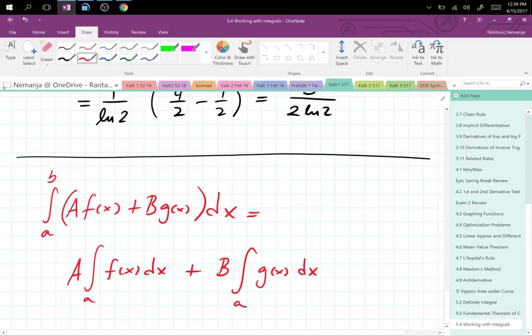All of these are from a to b. And you can also have that hold if it's a minus.